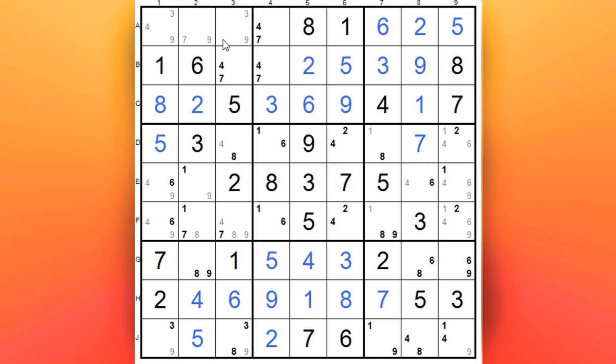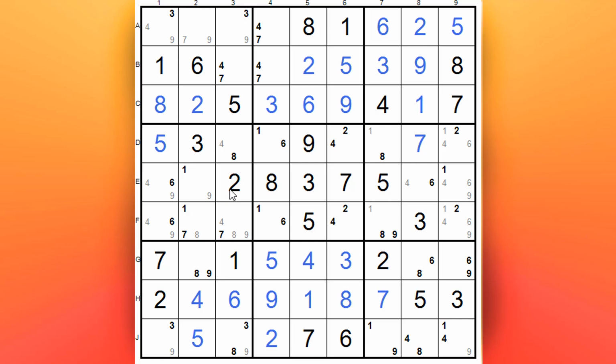Yeah, there was something very, very simple with the 3s. I can't for the life of me remember now where it was. Oh yeah, sure, look, we've got 2 3s here, 2 3s at the bottom in X-Wing, but there's nothing to be deleted. There's no more 3s anywhere. And on the 7s, I got some bit of a chain as well, but again, there was nothing to delete.